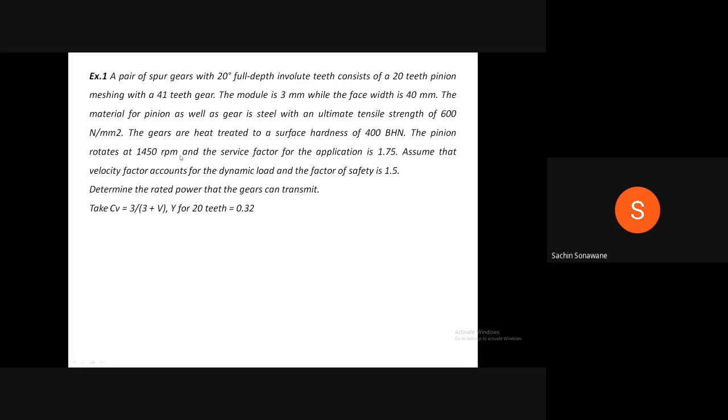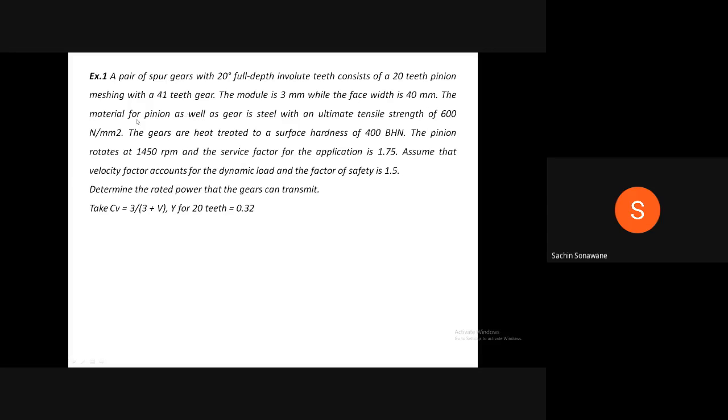Therefore, I will just read the example. Example 1. A pair of spur gears with 20-degree full depth involute teeth consists of a 20-teeth pinion meshing with a 41-teeth gear. The module is 3 mm while the face width is 40 mm.